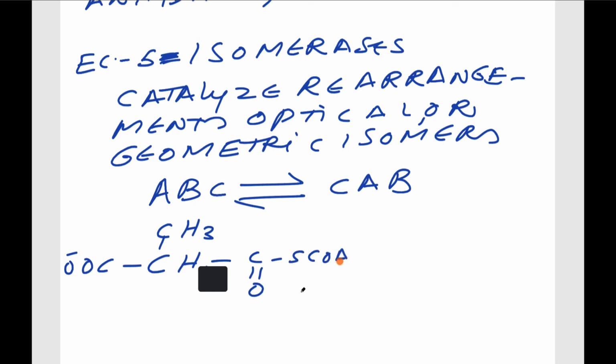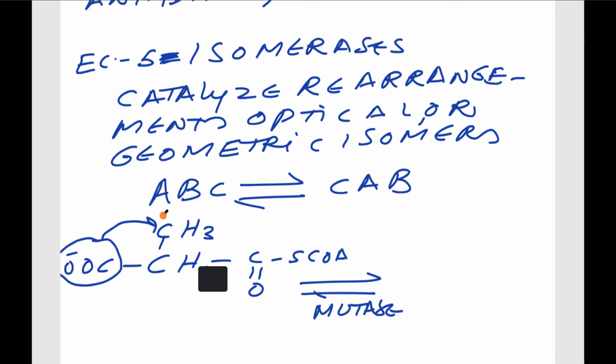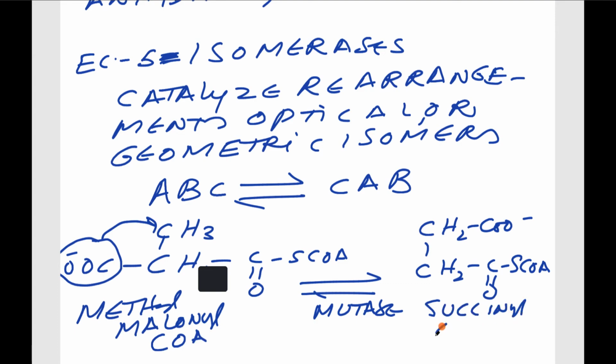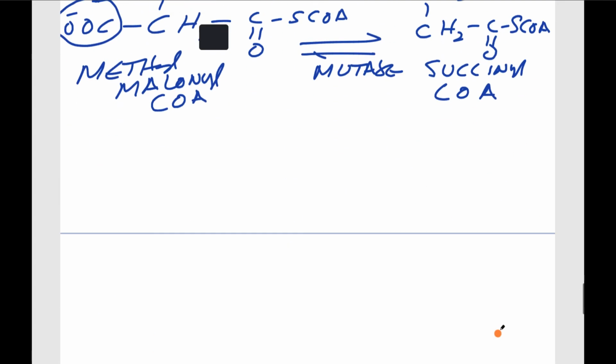By the action of the enzyme methylmalonyl CoA mutase, the rearrangement takes place, leading to formation of succinyl coenzyme A. It is methylmalonyl coenzyme A, and it is succinyl coenzyme A.